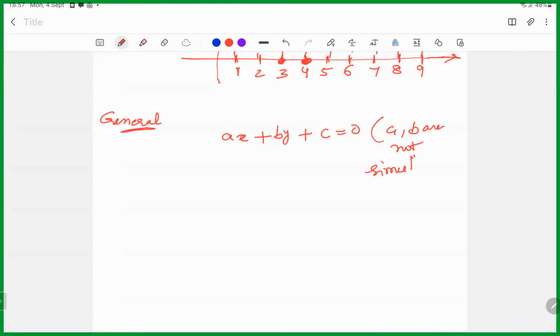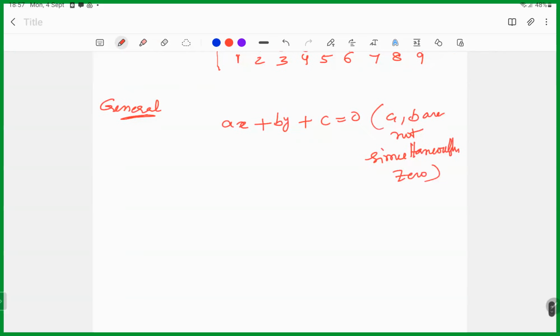One can be 0 at any time. A also can be 0. But in terms of quadratic equation, a cannot be 0. X square plus bx plus c equal to 0. That's a quadratic. But here, either a can be 0 or b can be 0, but it cannot be both. So this can be represented graphically, which gives us straight line.